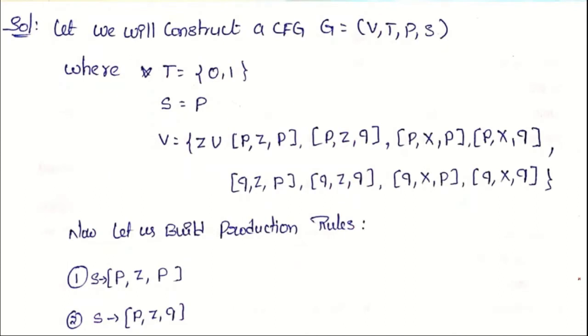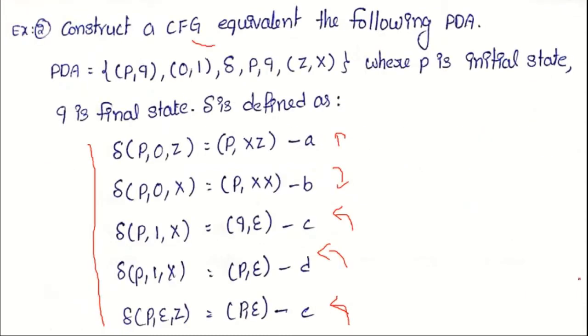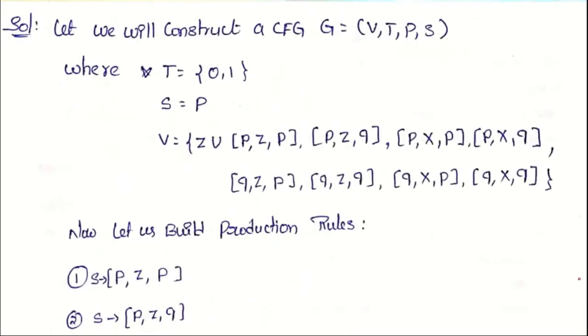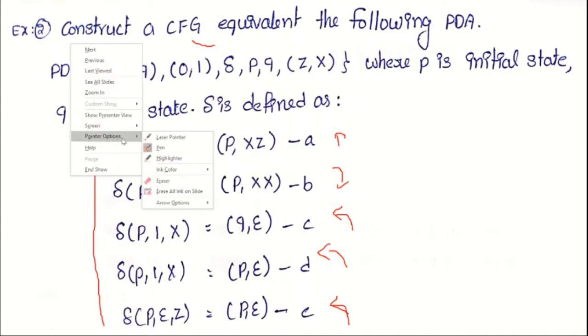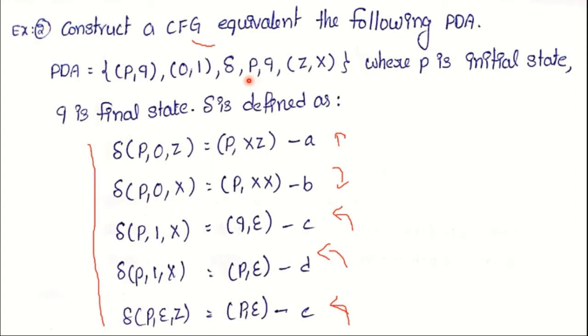First of all we assume there is some context free grammar G, which equals 4 tuples, those are V, T, P, S. From here we can assume each symbol. Terminals are the input alphabet of the pushdown automata, that is 0 comma 1, so T equals {0, 1}. The starting state is P, so the starting symbol S equals P.